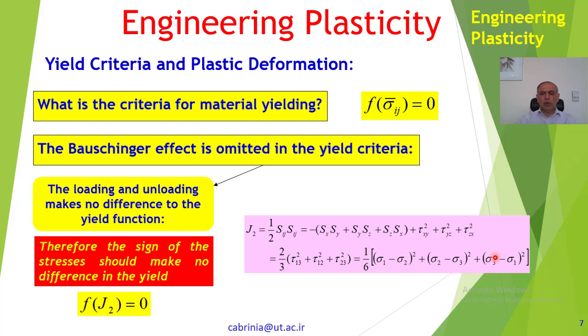So the result of this expression is always positive, no matter if sigma 1, sigma 2, or sigma 3 are positive or negative, because they are squared. So if we take this F as a function of J2, the yield function, then we will have no problem, because we have taken into account all three assumptions by this.